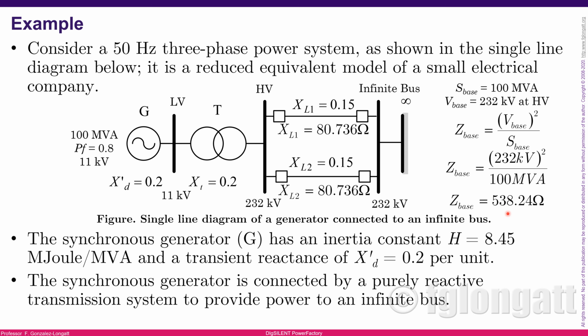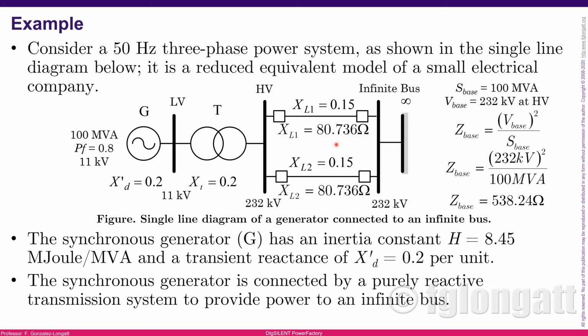To obtain the real inductive reactance of those transmission lines, the procedure is extremely simple, because what you need to do is multiply 0.15 per unit by the impedance base, 538.32. That is extremely simple. And the result: 80.736 ohms.